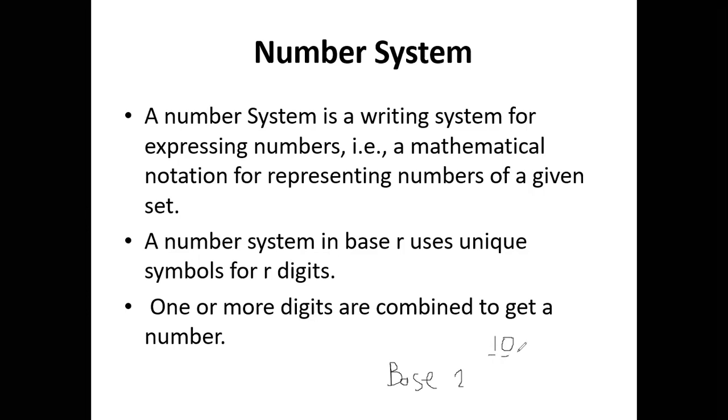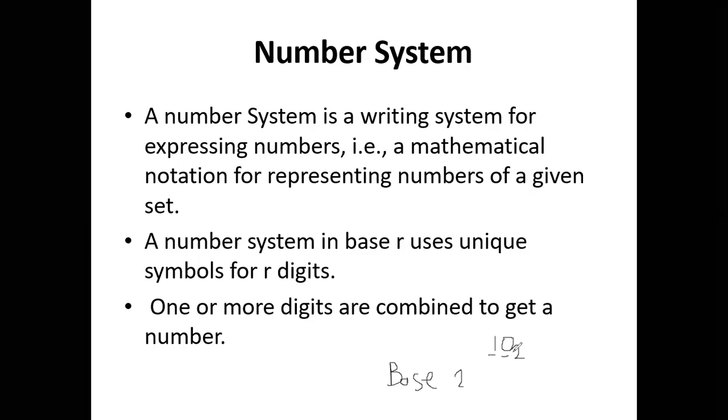And then to indicate the number system that you use, you put the base at the bottom as a subscript. So this means that this number is being expressed in base 2. What this statement is telling us is that for a number system in base R, and R could be any number, we're going to use that number of unique characters.